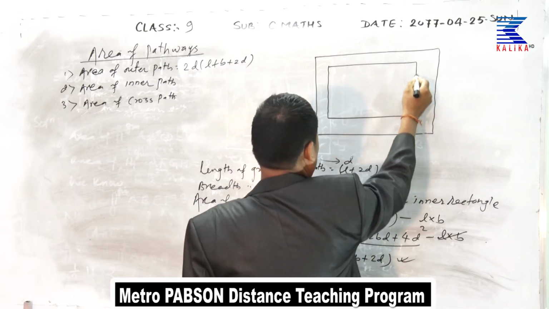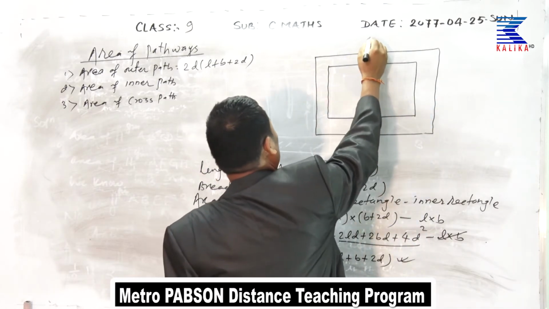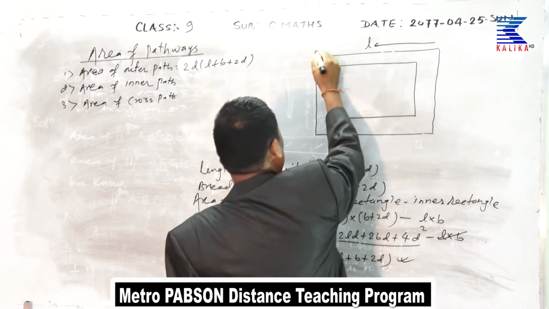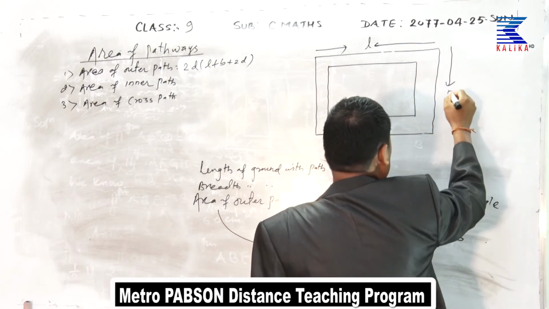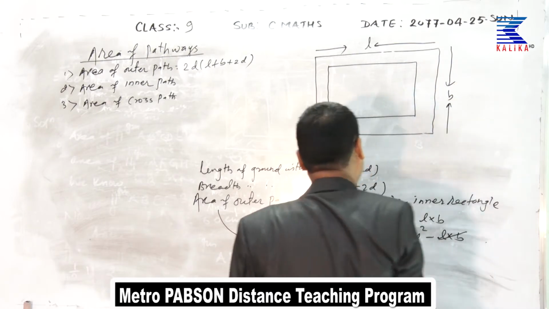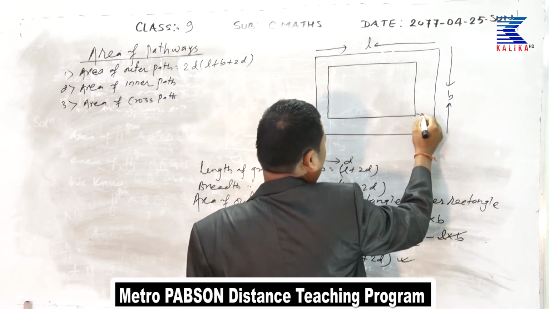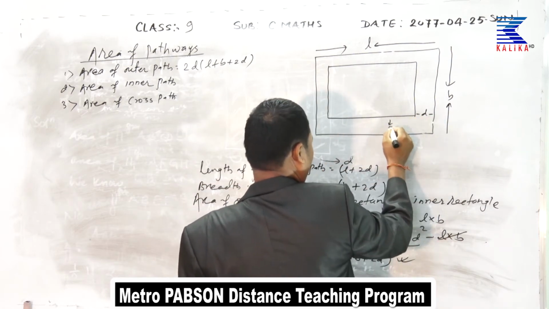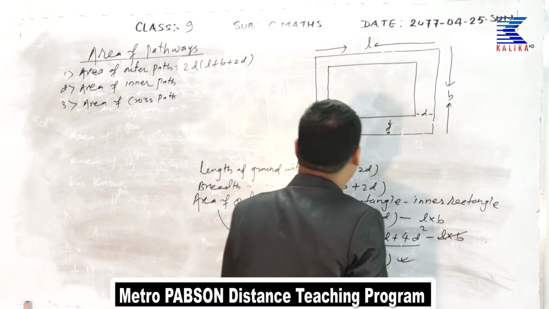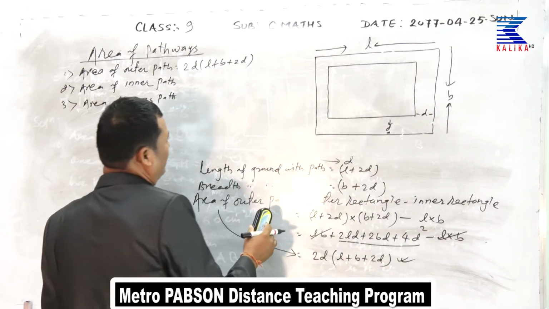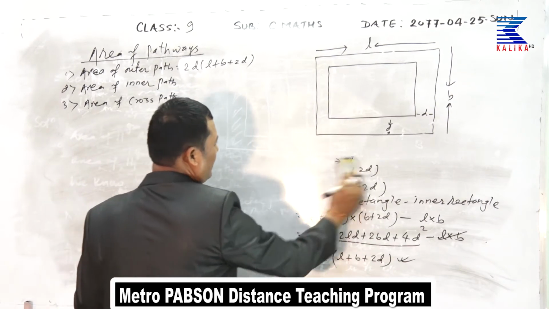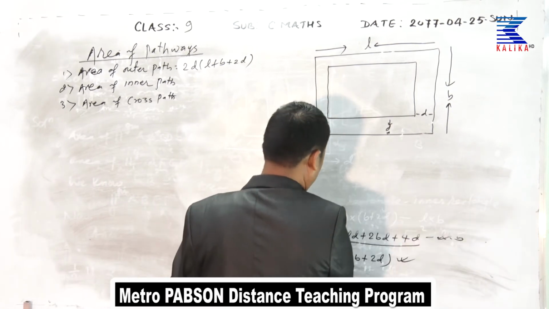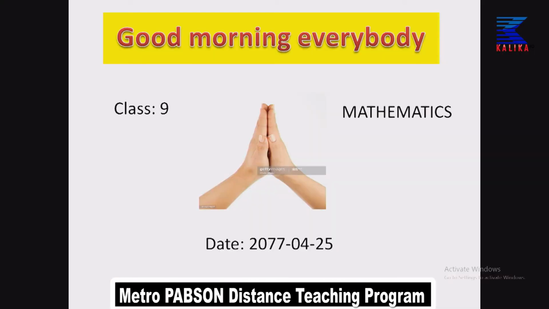Now here, the total length is L and this is the breadth, and the width of the road is D. Now, what is its length?